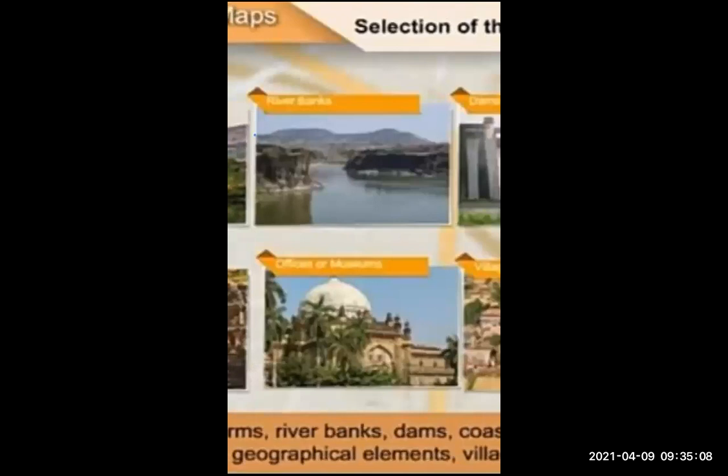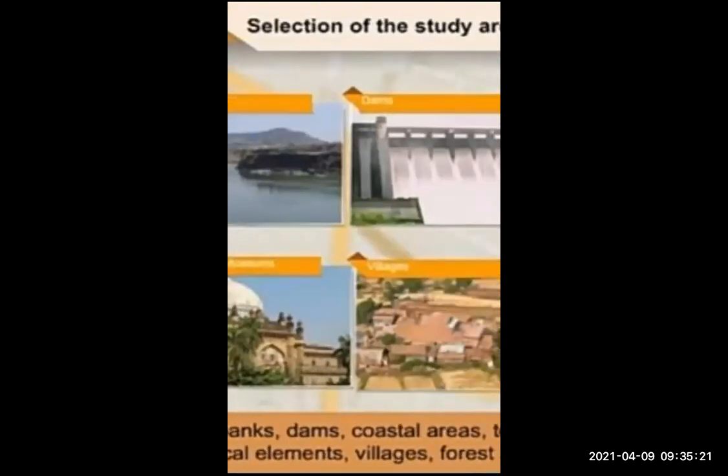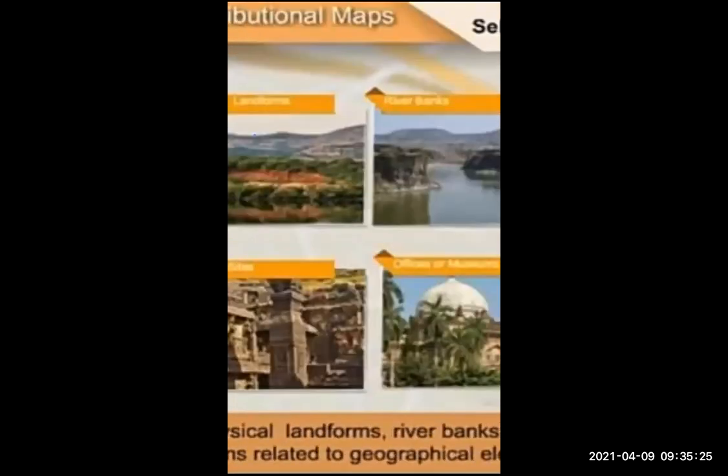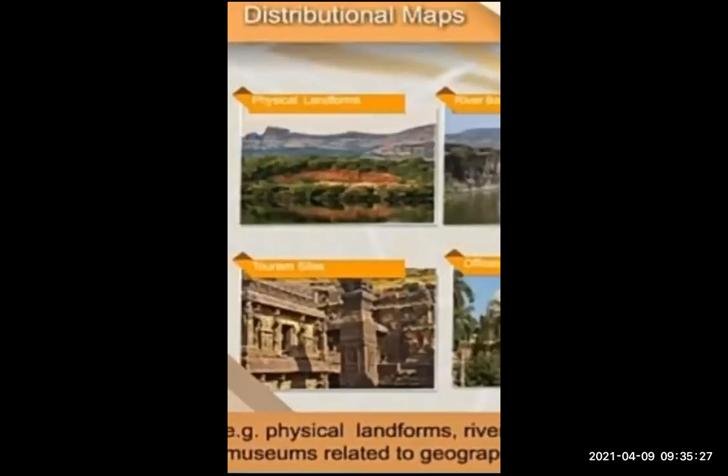Okay, next is river bank. River banks, like ponds, lakes, rivers. Next thing is dam. Dam is also considered inside the field visit.